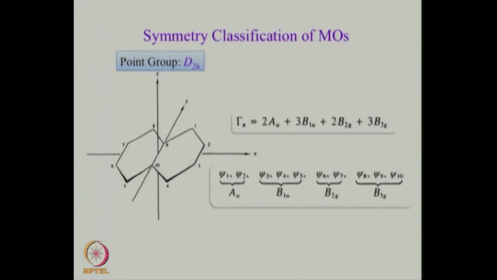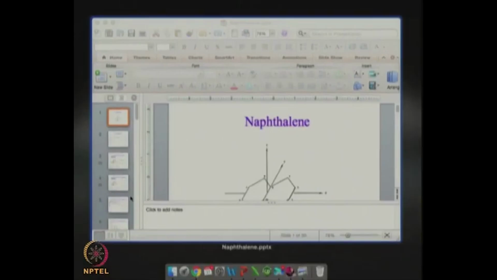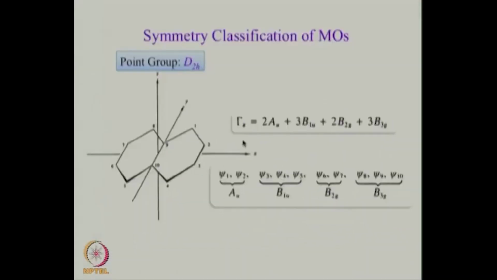Ideally when we work out problems like this, we start with all the 10 p orbitals, make a reducible representation out of it and try and break it down into its components. So, I have done that for you. This is the answer: gamma pi is equal to 2au plus 3b1u plus 2b2g plus 3b3g.